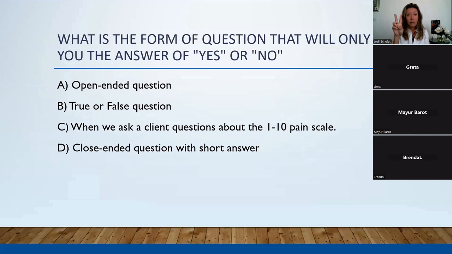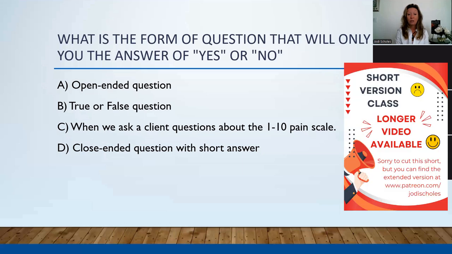Dissecting the question, read it twice. Let's look at all the answers. Letter A, open-ended question. B, true or false question. C, when we ask the client questions about the 1 to 10 pain scale. D, closed-ended questions with a short answer.